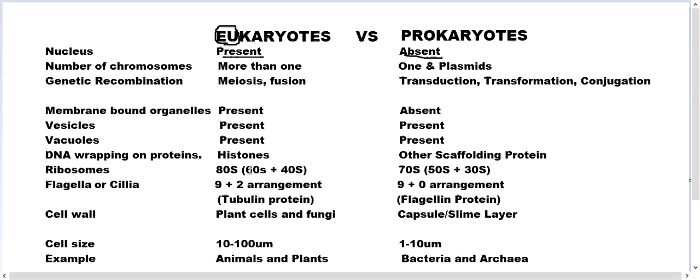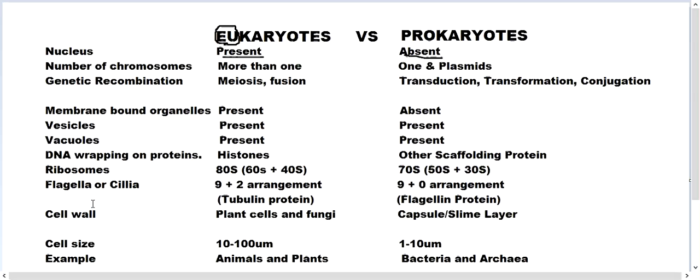Larger subunit of the ribosome is 60S, and the smaller one is 40S type. And in the prokaryote, the larger one is 50S type, and the smaller one is 30S type. That will also be discussed in detail in some other video, which may have the link given in the video. So that was about the ribosomes.